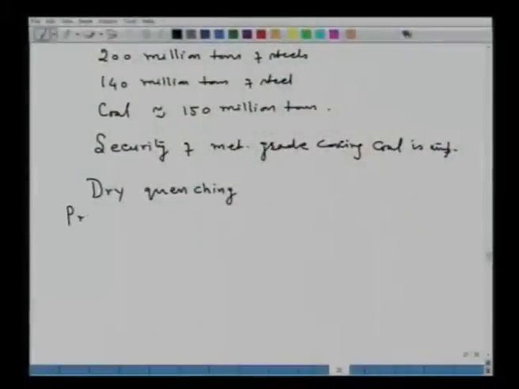So what is the principle of dry quenching? The principle of dry quenching is that the heated coke is taken into a chamber where gas is passed and the gas is heated up.